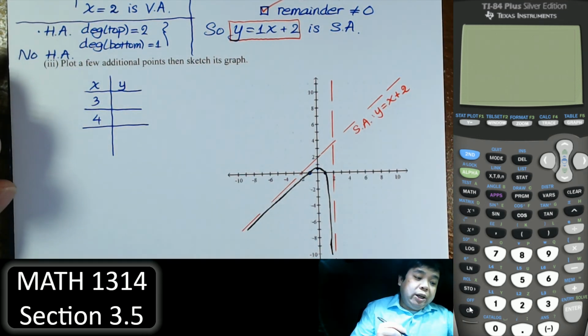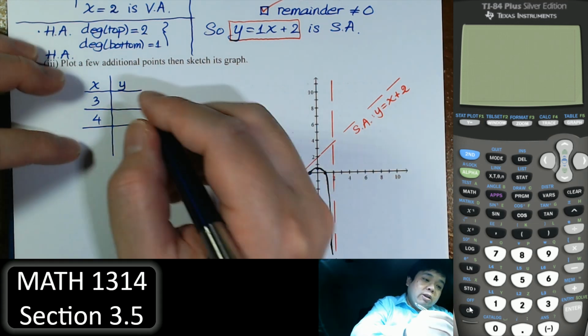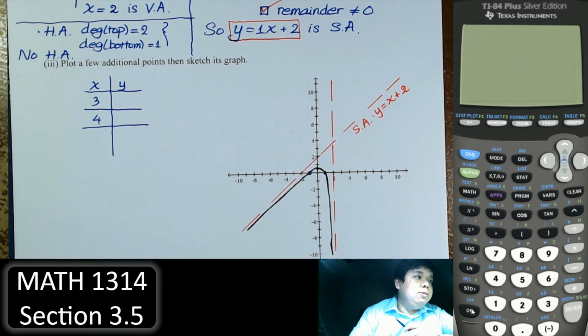When x equal to 3, put in the function. I'm just going to put the function in the calculator. And look at the graph. We don't look at the graph now.